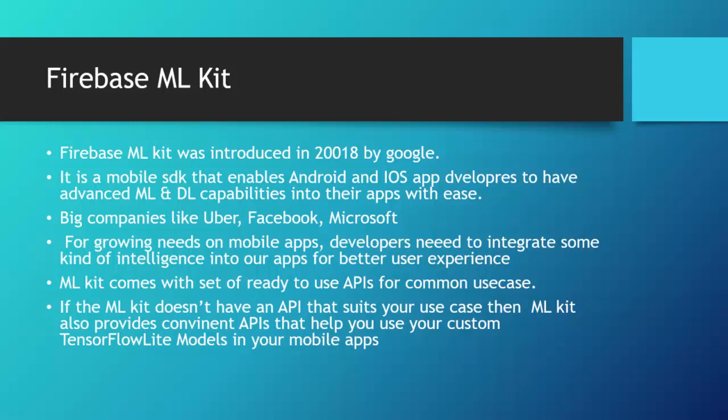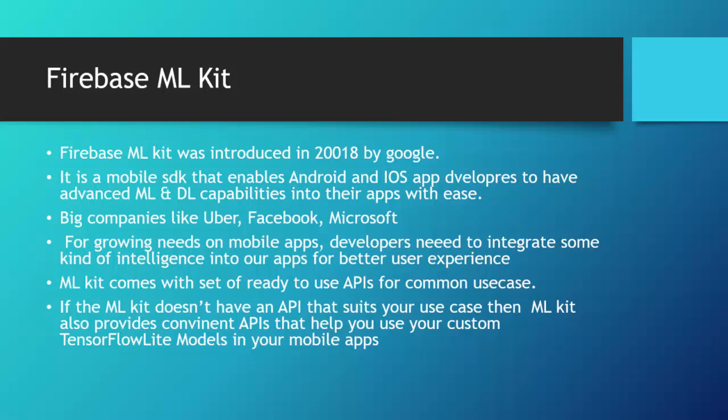And ML Kit comes with a set of ready-to-use APIs for common use cases. If this ML Kit does not have an API that suits your need, then ML Kit provides one more extension for your custom model, that is called the TensorFlow Lite model. This is also supported by Firebase.